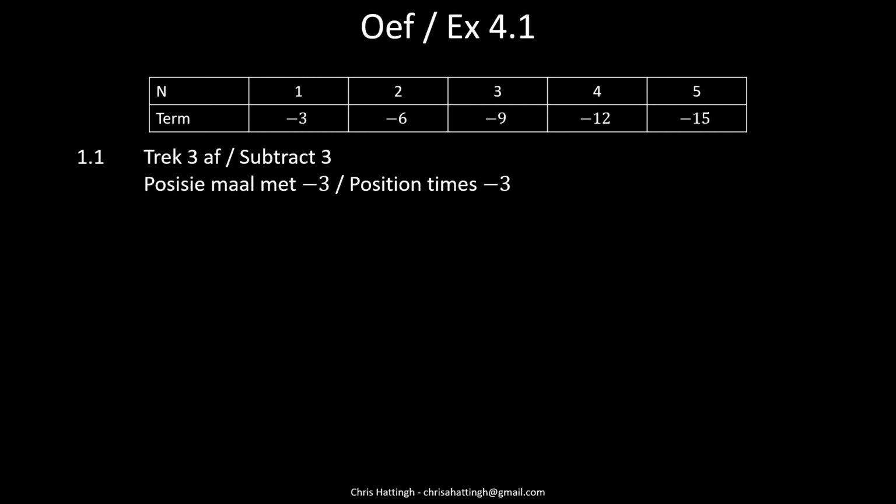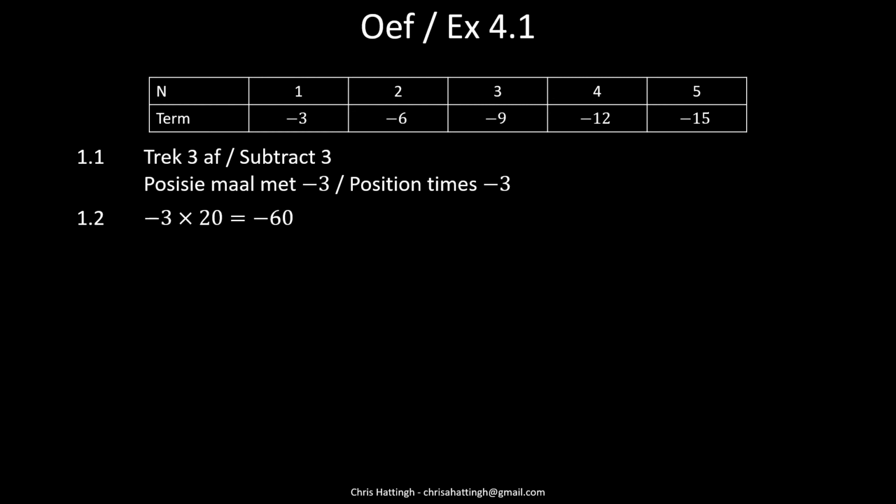You'll see that you keep on subtracting 3. So you can either say, I'm subtracting 3 each time, or I'm taking the position and I multiply it by 3. Number 2. Write down the 20th term in the sequence.